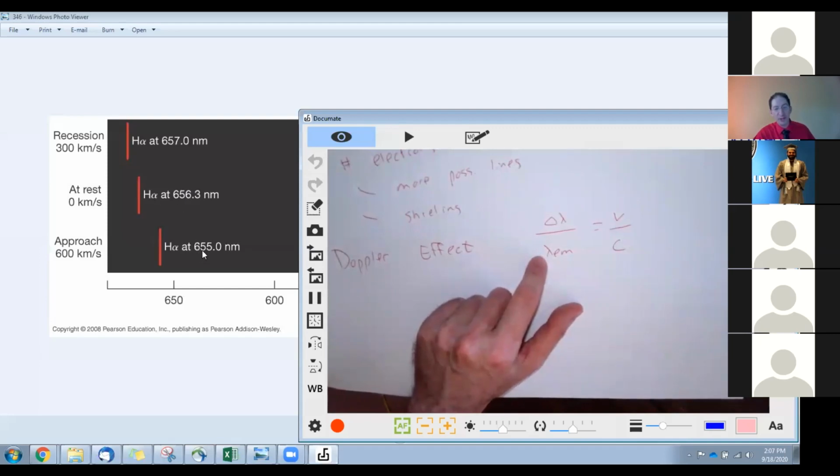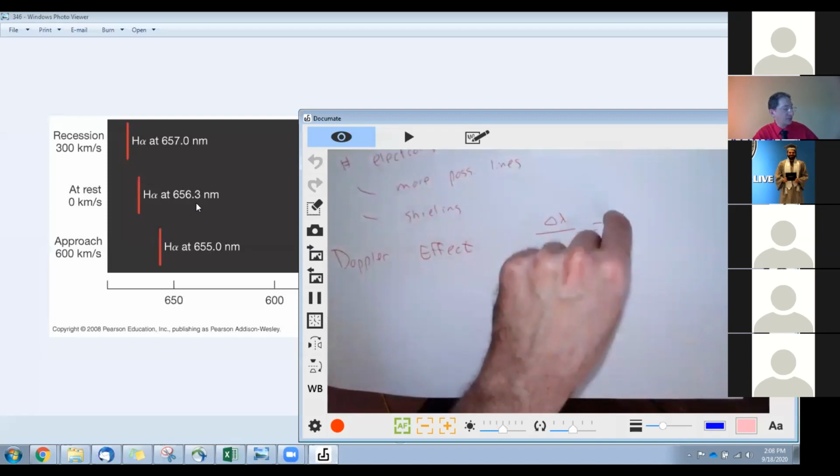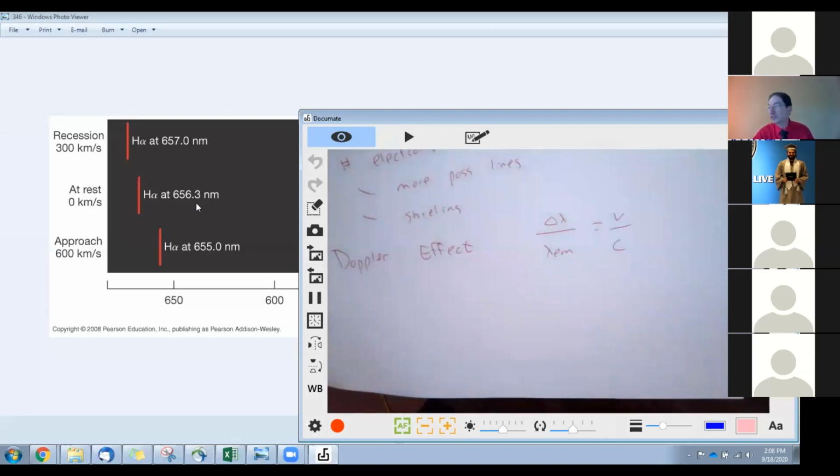For example, maybe we measure 655 when we know it should be 656.3. So the difference there is 1.3 nanometers. We divide by 656.3 because that's what it was emitted at. And that small ratio is the difference between the velocity of the object and the speed of light. You just multiply by the speed of light and you have the velocity of the object.